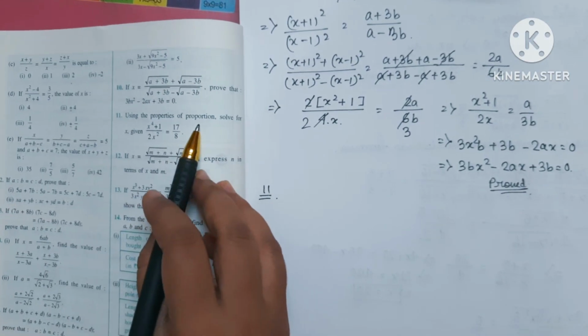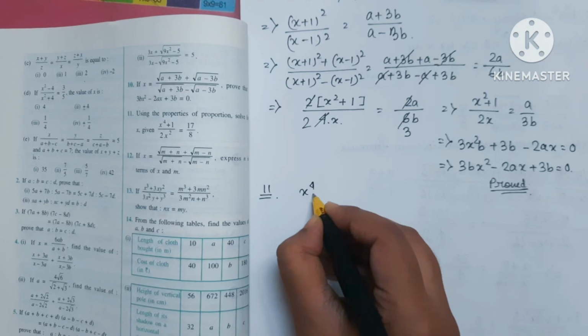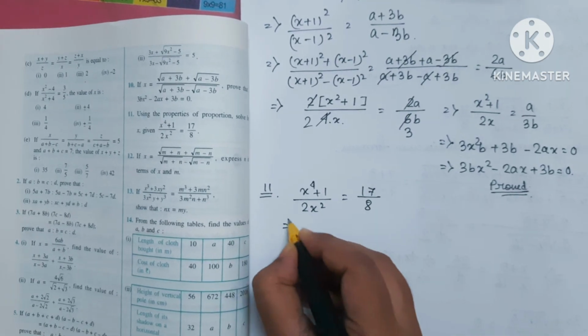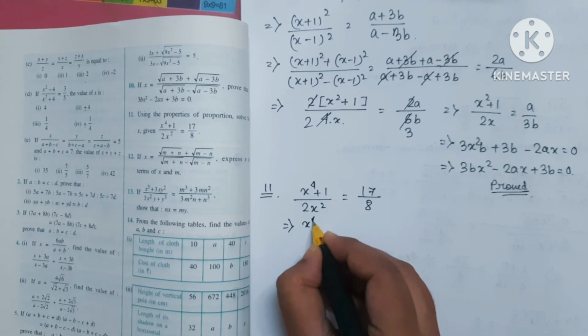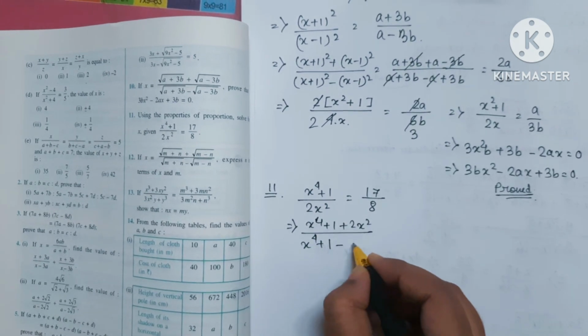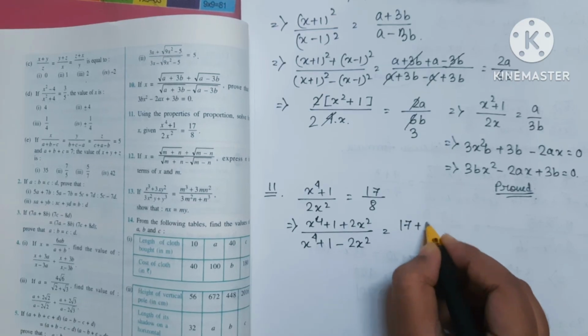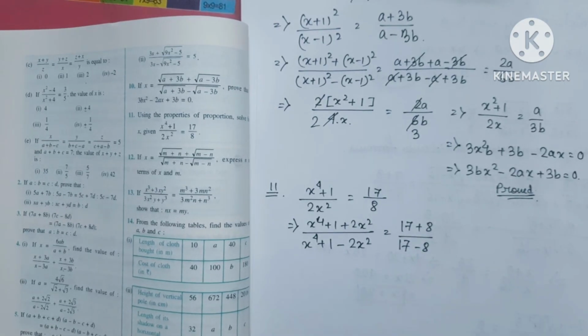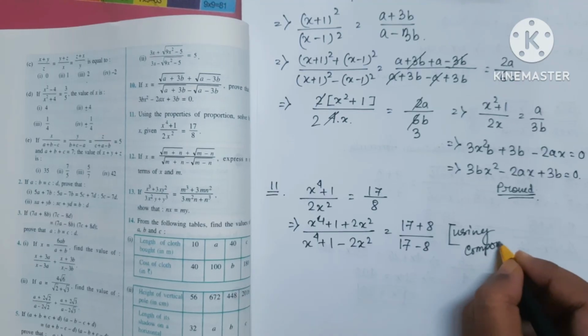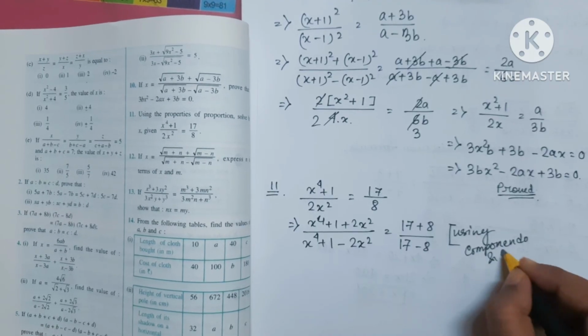Using property of proportion, solve (x⁴ + 1) by 2x² is equal to 17 by 8. If you use the componendo dividendo formula, (x⁴ + 1 + 2x²) by (x⁴ + 1 − 2x²) is equal to (17 + 8) by (17 − 8). Using componendo and dividendo.